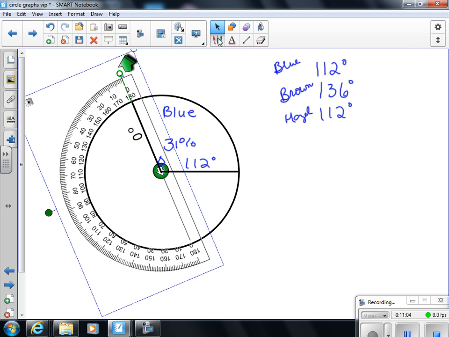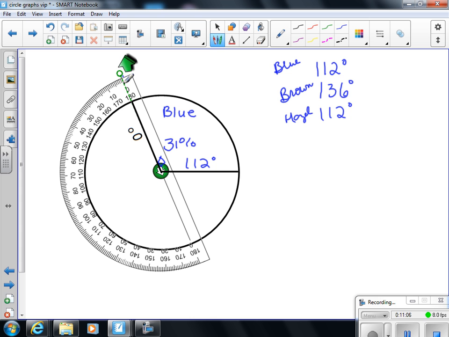Then you're going to calculate how many degrees? 136 degrees. So I go 10, 20, 30, 40, 50, 60, 70, 80, 90, 110, 120, 130, and 136.